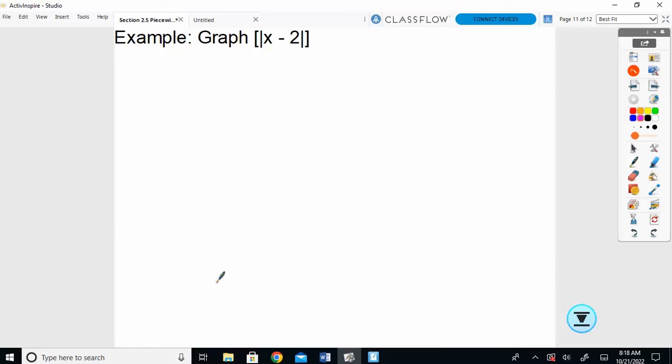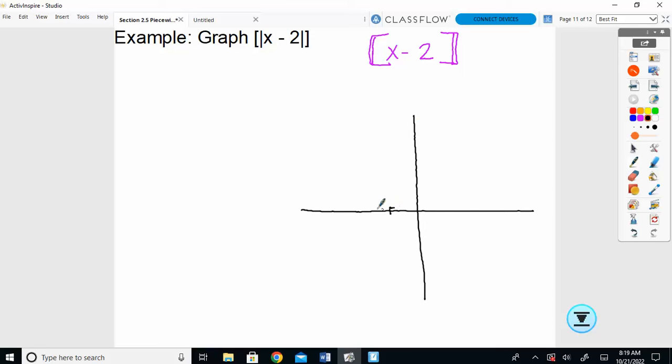So if I said the greatest integer of x minus 2. Was that not absolute value? No, sorry, the keyboard doesn't have a good greatest integer function, so this is the greatest integer of x minus 2. Okay.